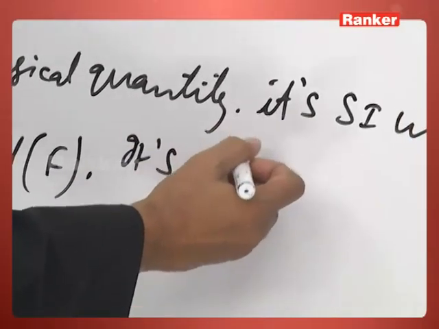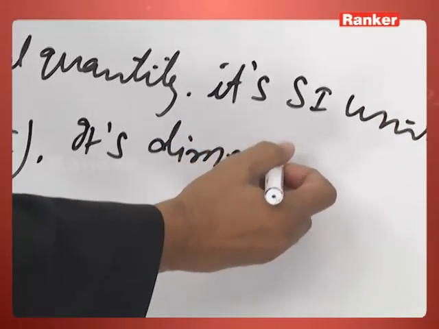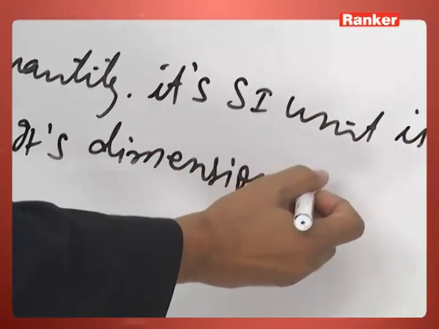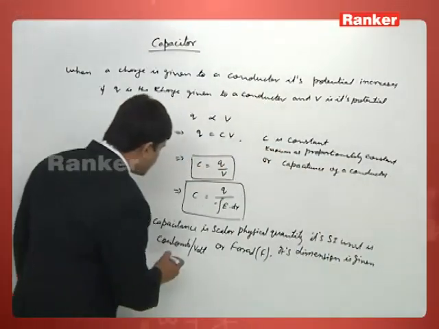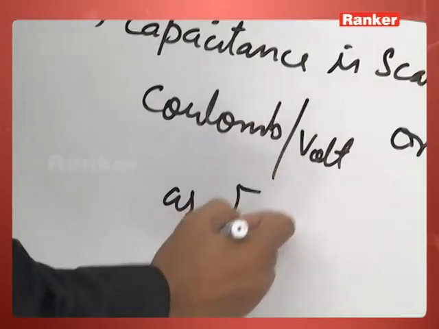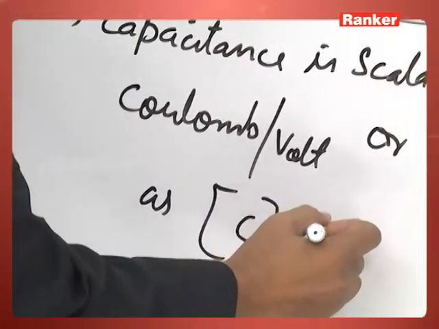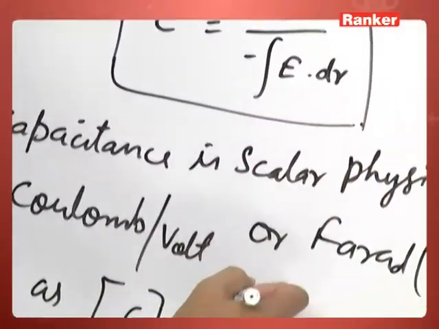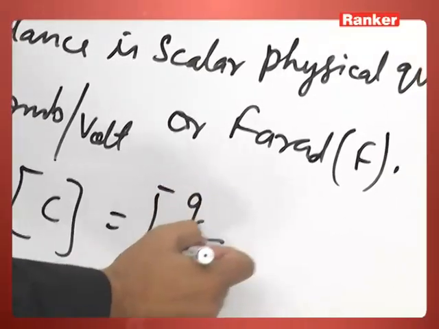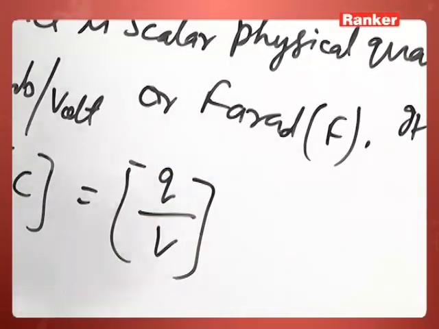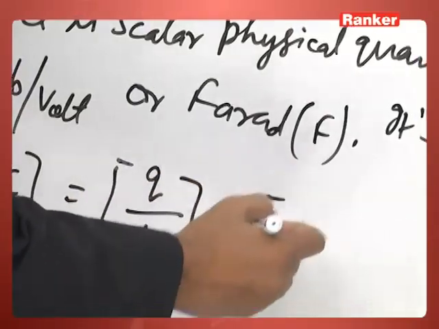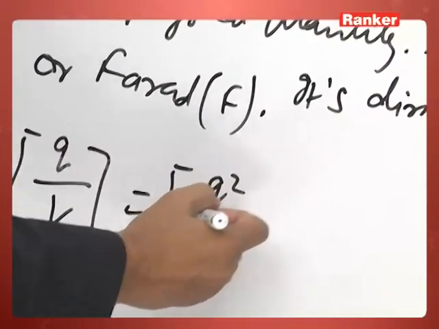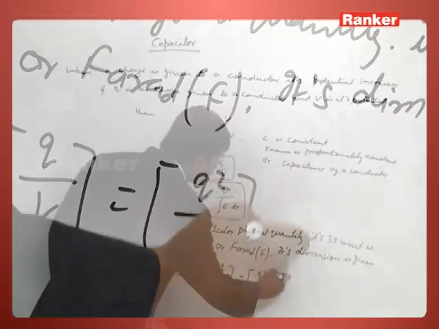is given as follows. The dimension of C is the dimension of charge by the dimension of potential, and the dimension of potential is W by Q, so it will be Q square by work done.